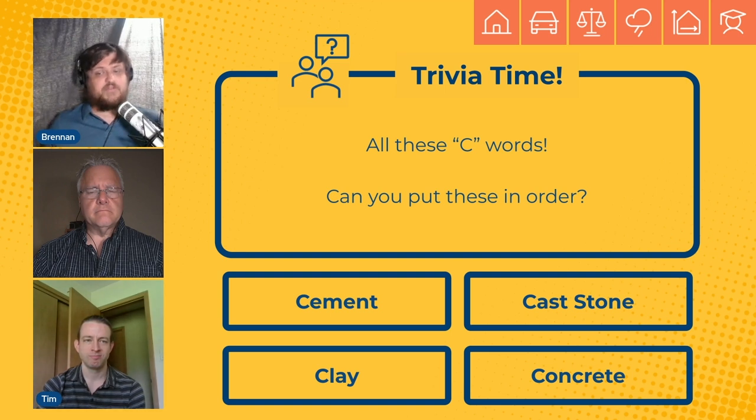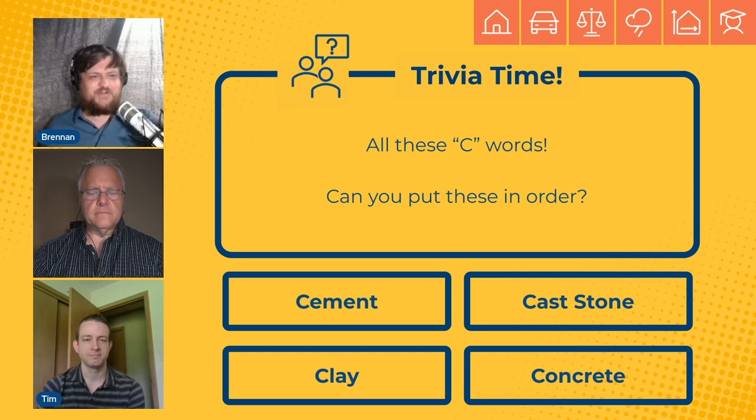Cast stone could refer to other things, but what I was looking up was they form concrete into these blocks, which they can then use to build different things. So it's a form of concrete, but really tricky.